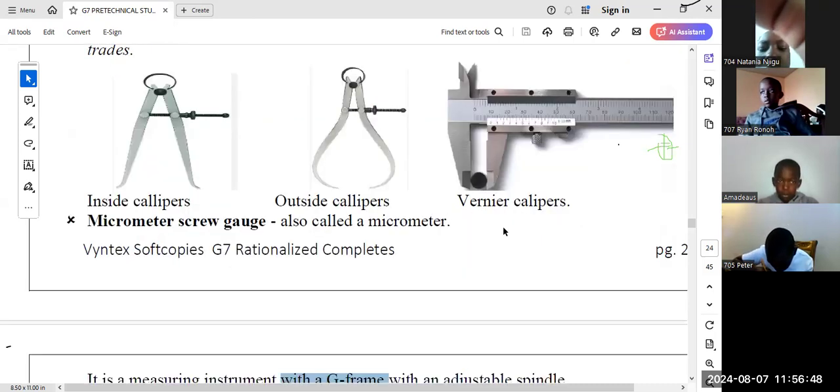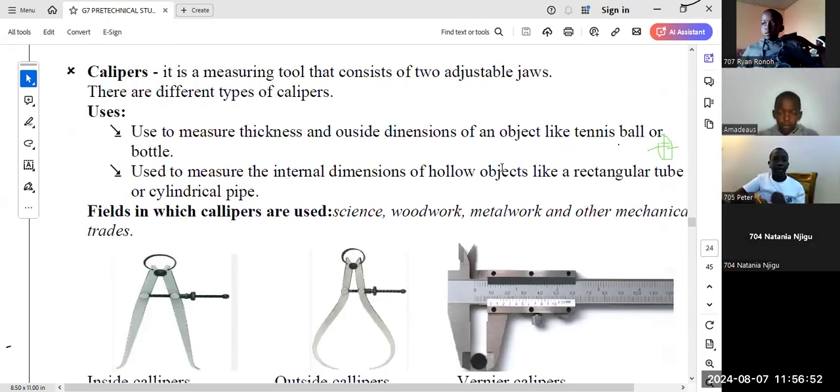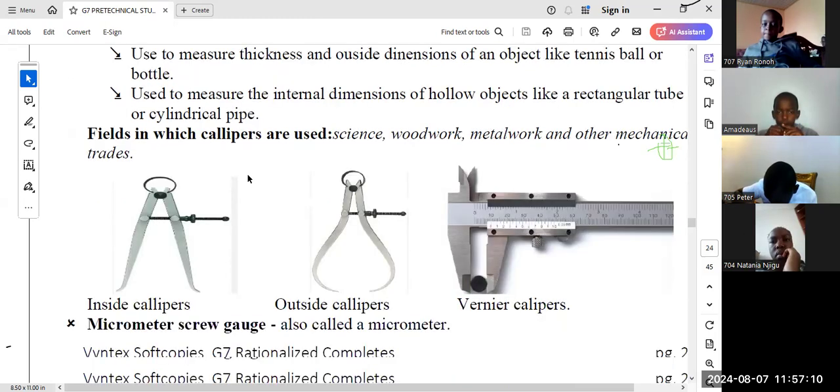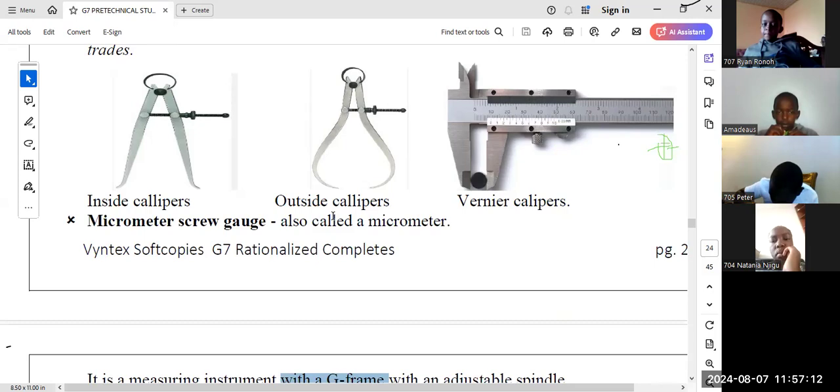Then you will get to measure the distance around an object like a tennis ball or a bottle. They are also used to measure the internal dimensions of hollow objects like a rectangular tube or cylindrical pipe. So if you want to know the length of a cylindrical pipe, you use the calipers. You either adjust the caliper inside, outside, or you use the vernier caliper.